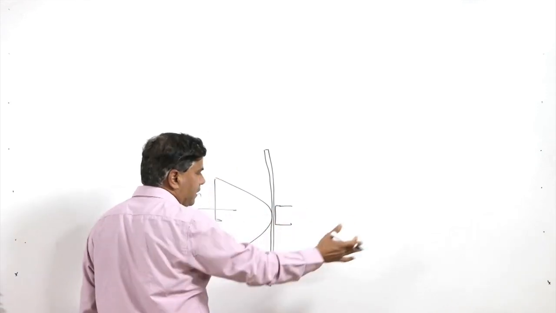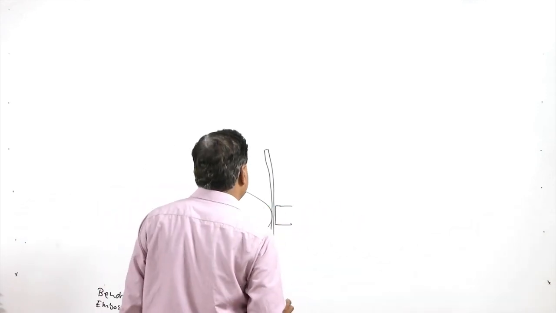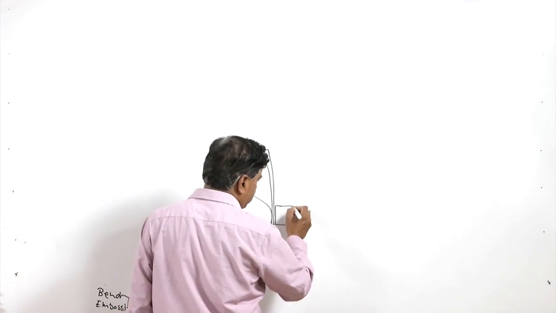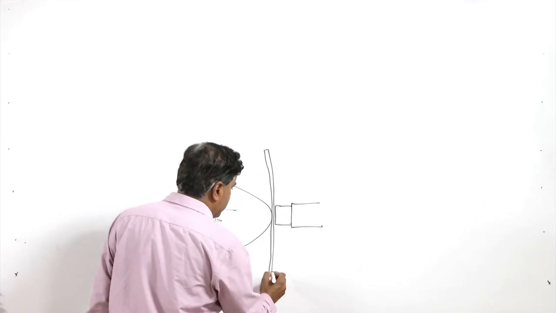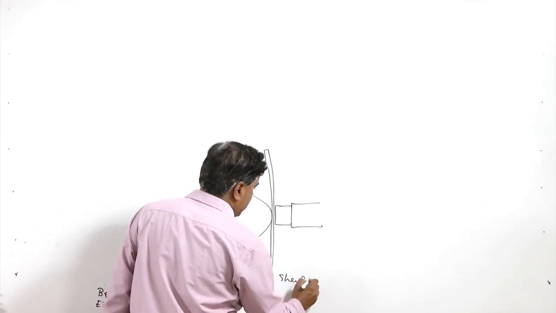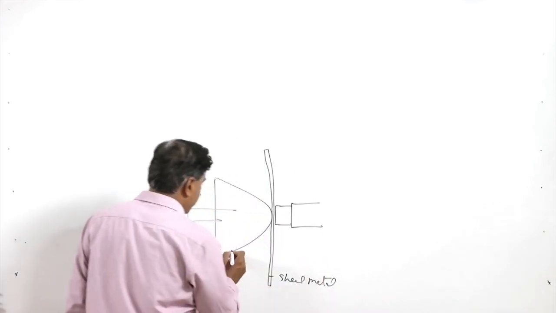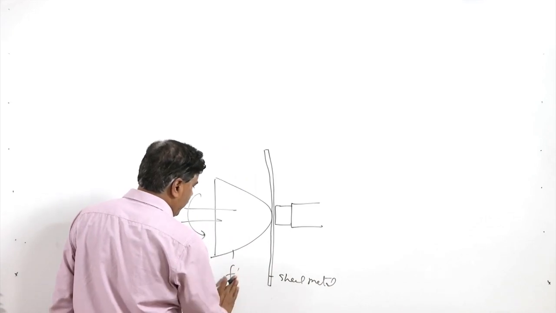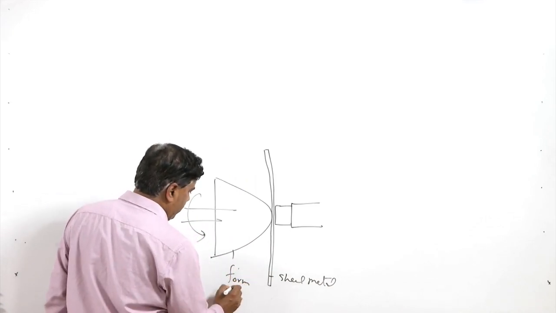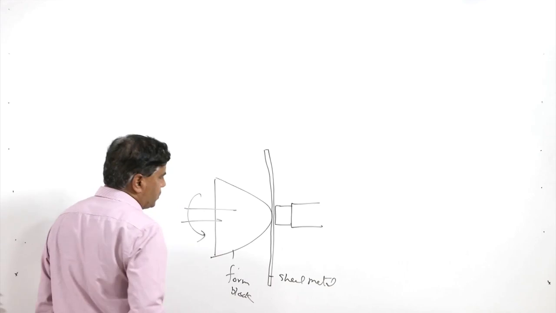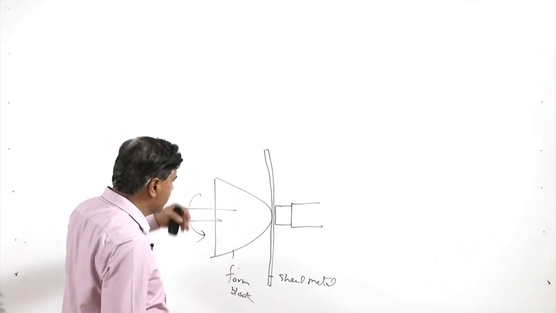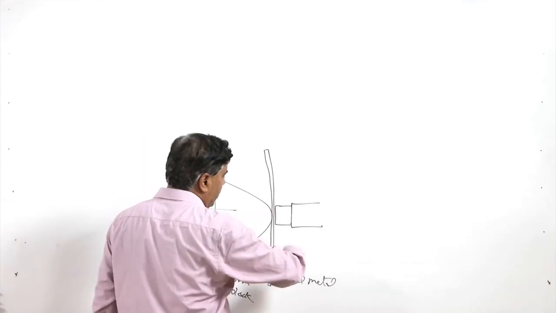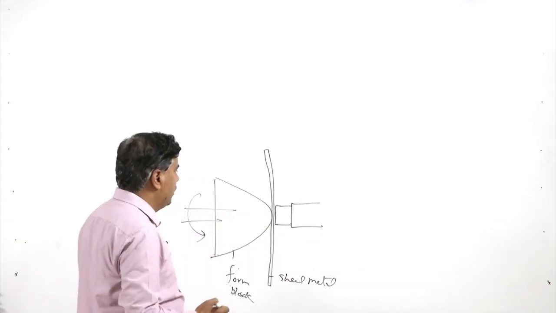This may be, say, pressure applied through the tailstock side, in order to keep the sheet metal held firmly against the form block. The form block is rotated, so the sheet metal will also be rotated.